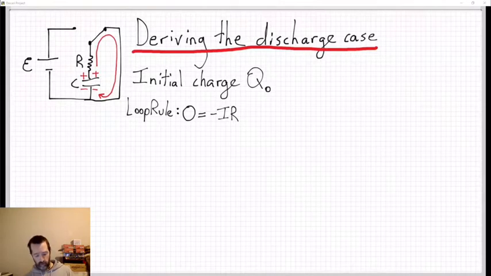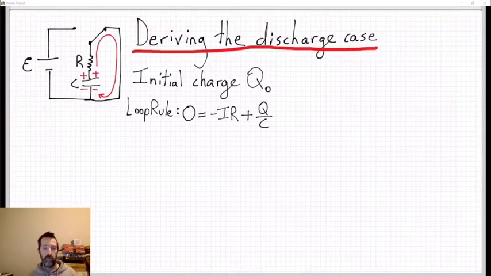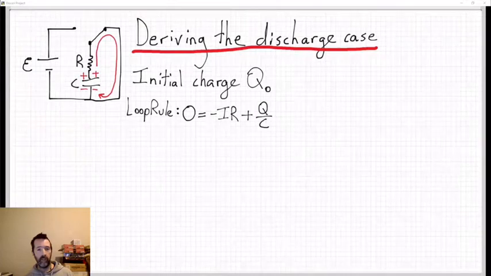And then I also need a term for the capacitor. Delta V for a capacitor is Q over C. And that just comes from rearranging the definition of capacitance, or the Q equals VC formula, if you want to think about it that way. I'm not writing Q naught because I want this loop rule to apply at some arbitrary point in time, not necessarily at the beginning.